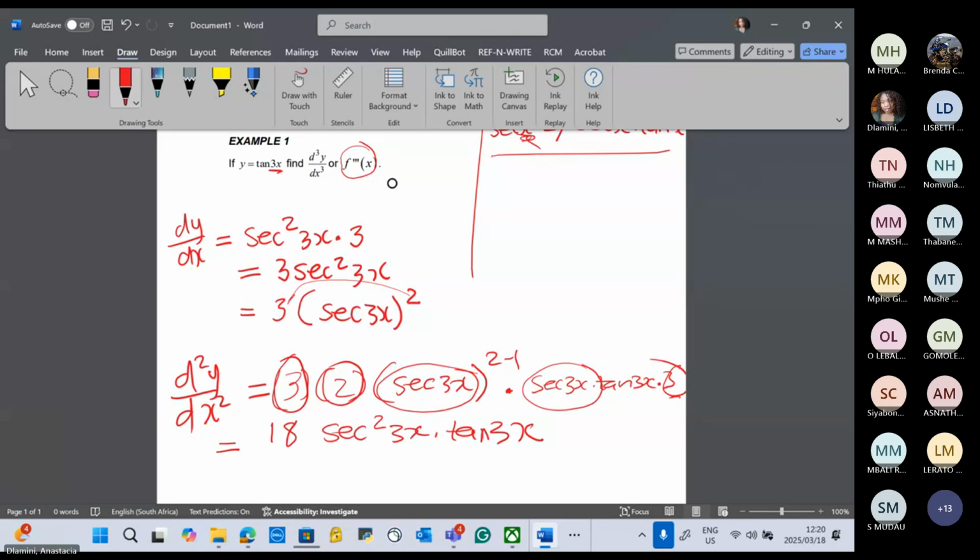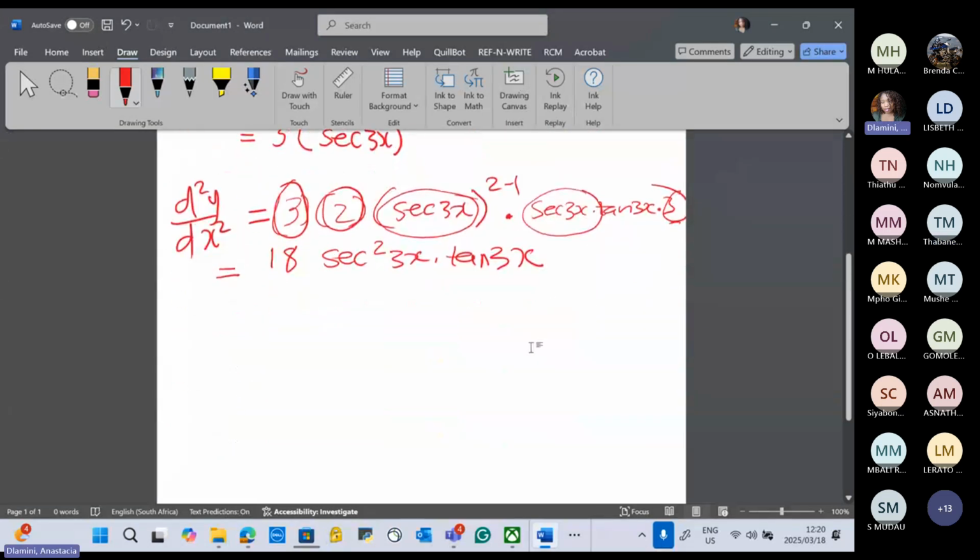Guys, if I say find derivative number 1200, are you going to differentiate the function up to 1200? No, ma'am. What are you going to do? That's your homework.